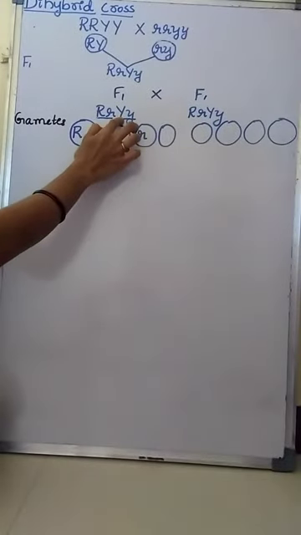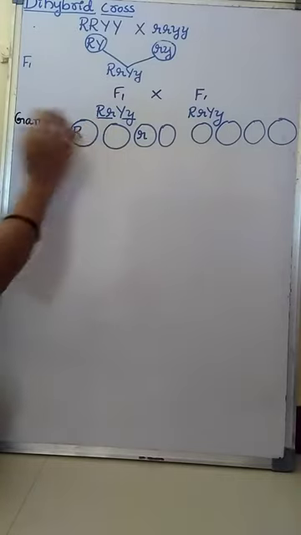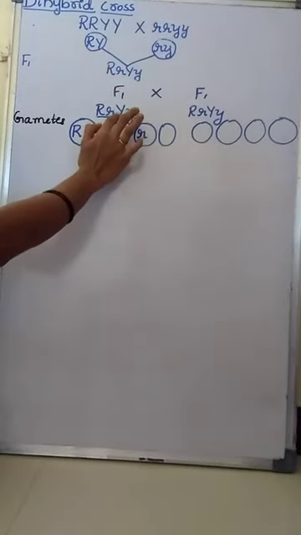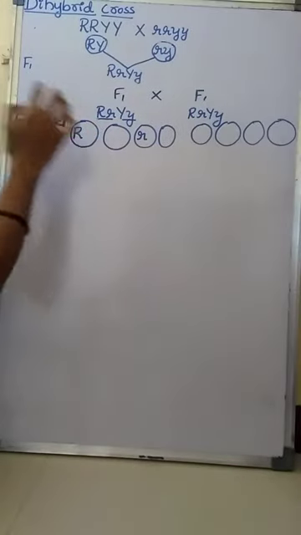Then for the color of the seed, both alleles again have a 50% chance to enter into the gamete. There is no condition that capital Y should always enter the gamete or small y should always enter the gamete.